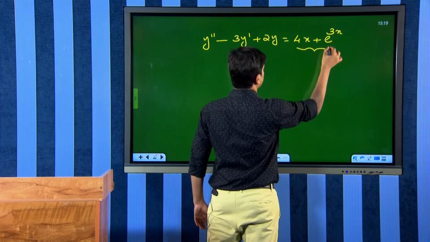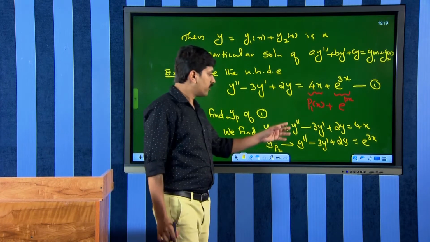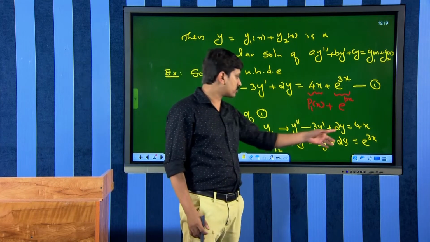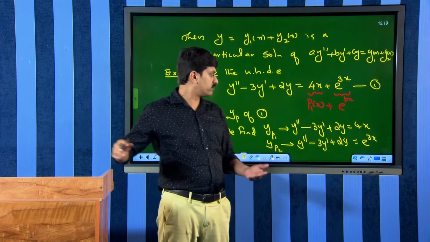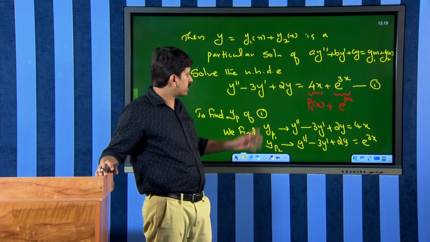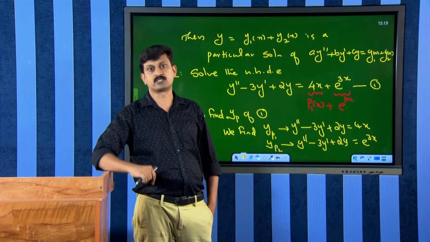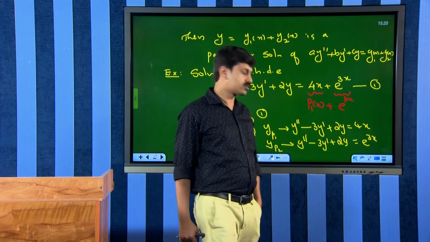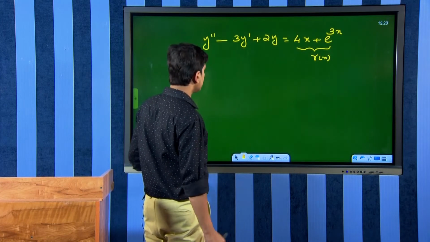This is actually the r of x. I already told you that we are able to find the solution like this, and we can apply these two things. Or otherwise, we can take 4x as k1 x plus k0, and the other as e raised to 3x. So I would like to say yp is their sum.